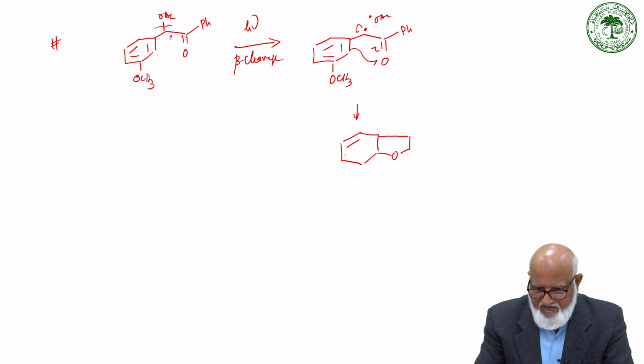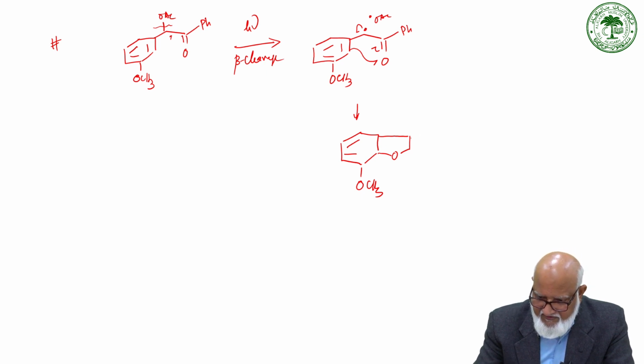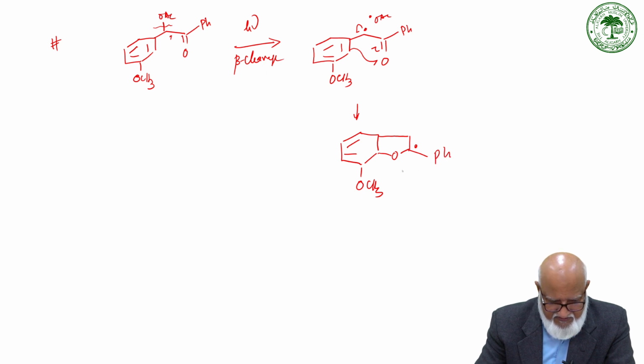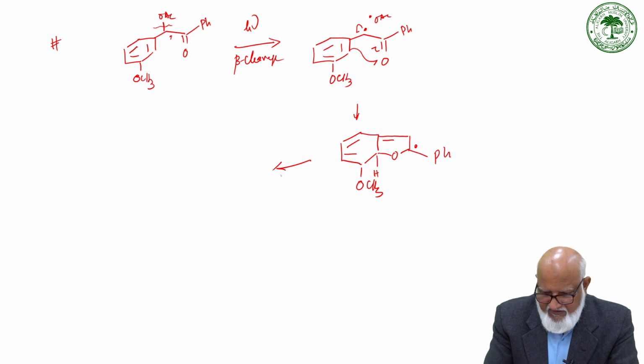This is OCH3, and then we have a radical here, phenyl, and this gets a double bond here. So this will get aromatized very fast. The dihydro derivative will aromatize, losing a molecule of H dot, which may combine with this.